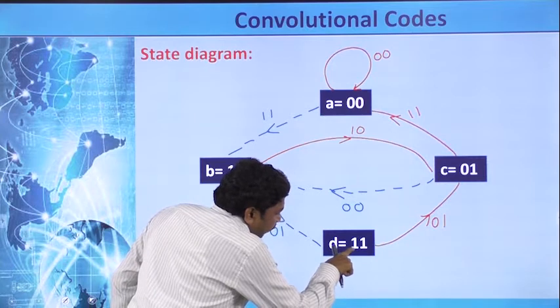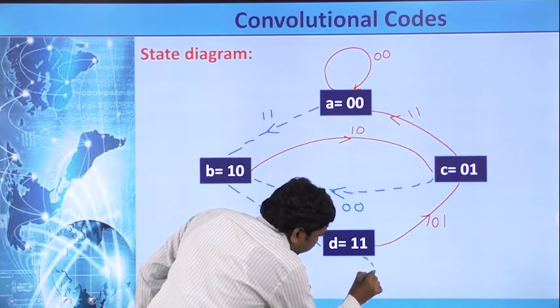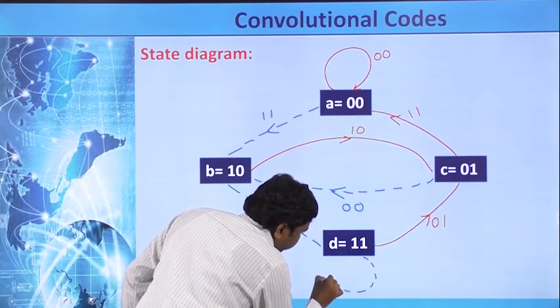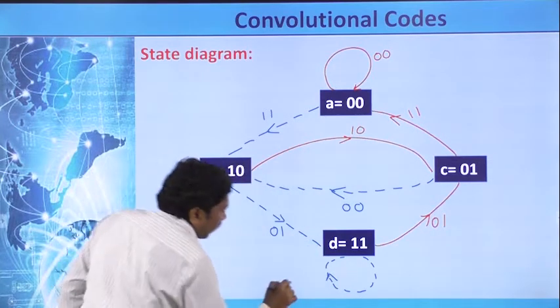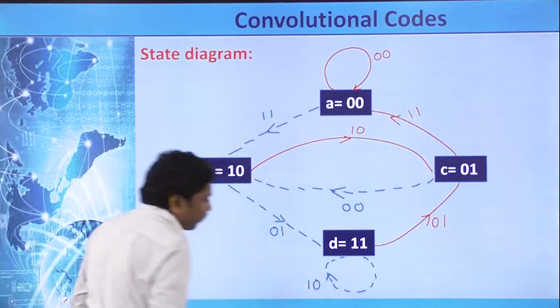Present state is 1 1. When the input is 1, it moves into the same state with the output bits 1 0.